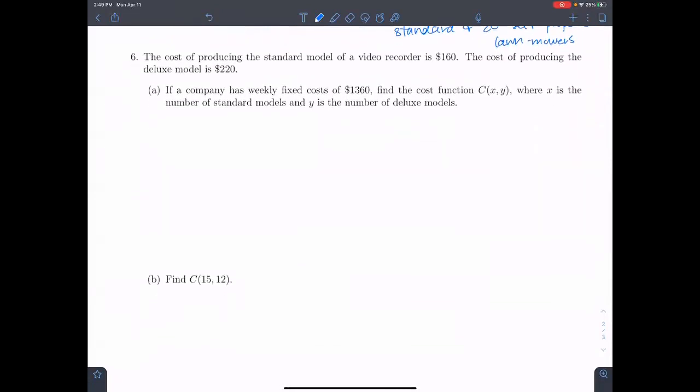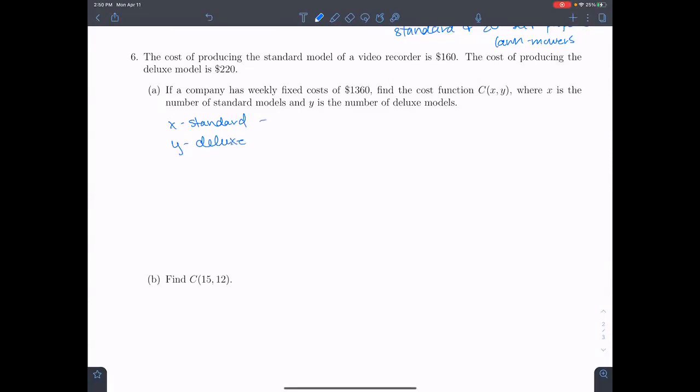So number 6, we have the cost of producing the standard model video recorder is $160, and the cost of producing the deluxe model is $220. If the company has a weekly fixed cost of $13.60, find the cost function where X is standard and Y is deluxe.